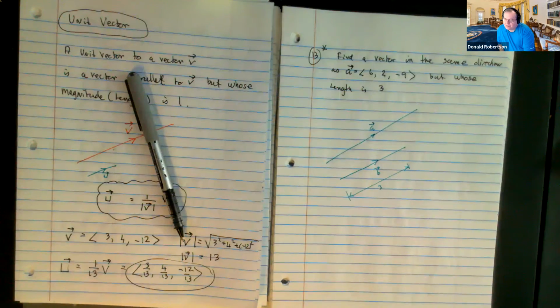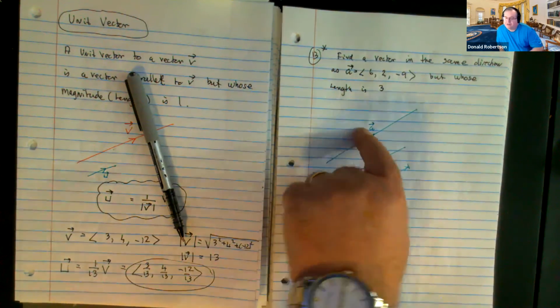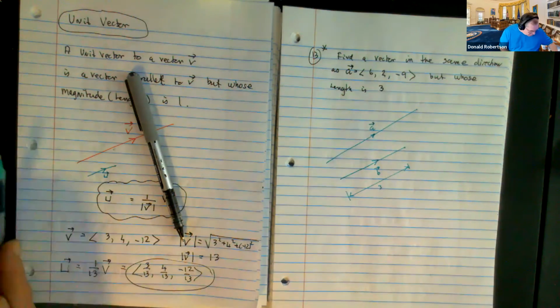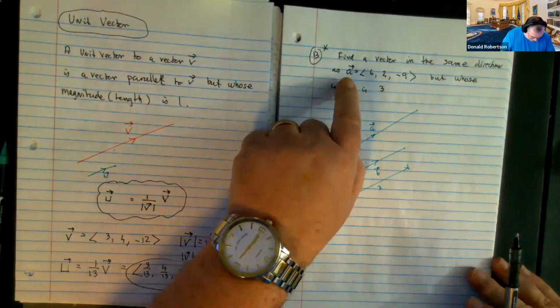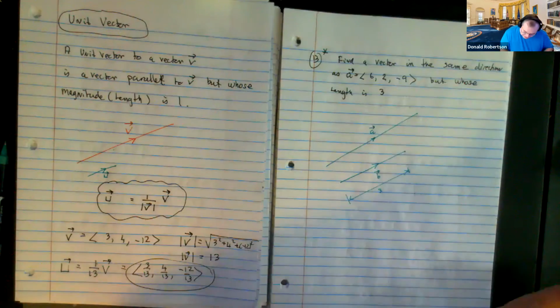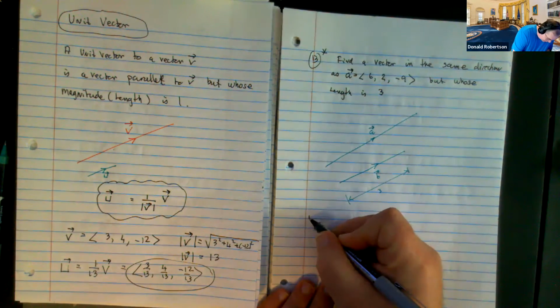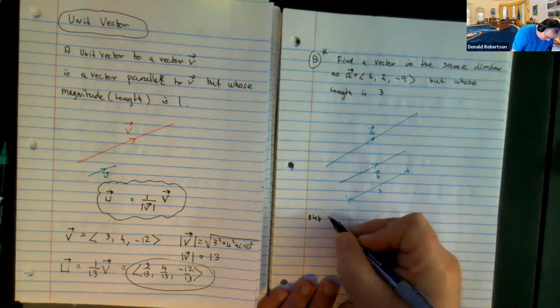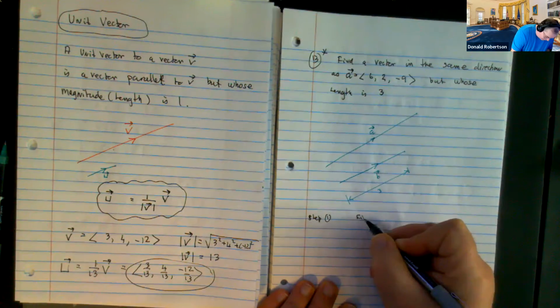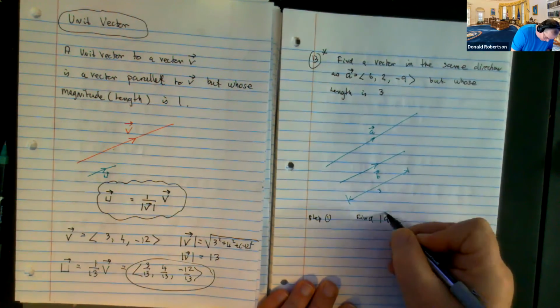So I want a vector whose length is 3, but is parallel to A. I've said that you're going to use a kind of combination of what we did with unit vectors to do that. So the first thing you're going to do is find the magnitude of the original vector A.